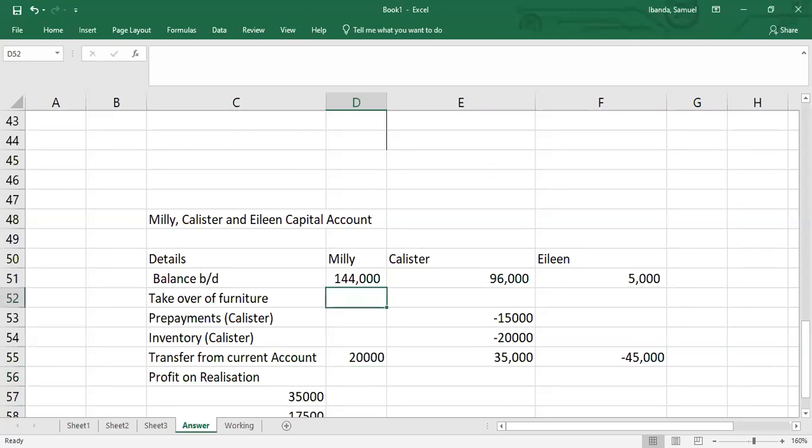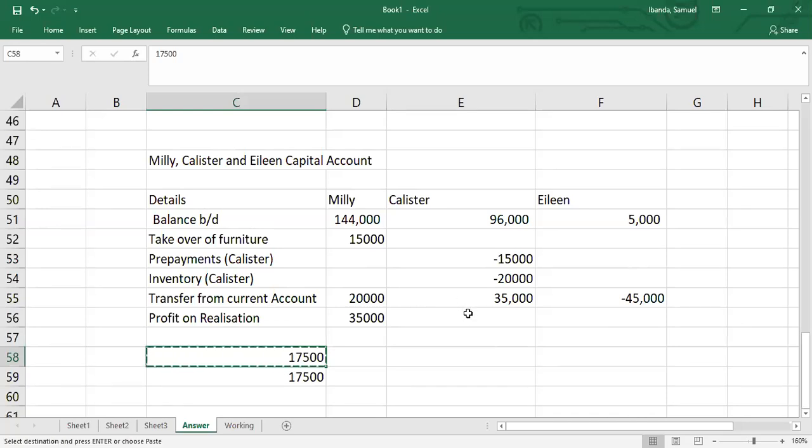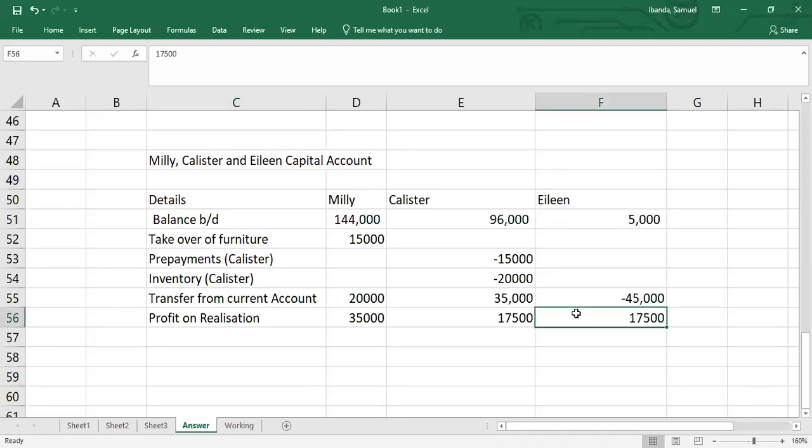And then Millie also took over furniture at 15 million, okay? So profit from realization, I'm going to include it here. That's what I have, okay?